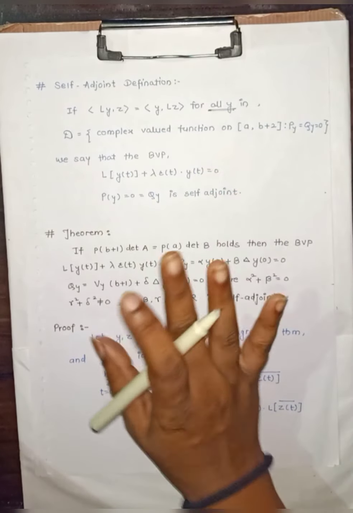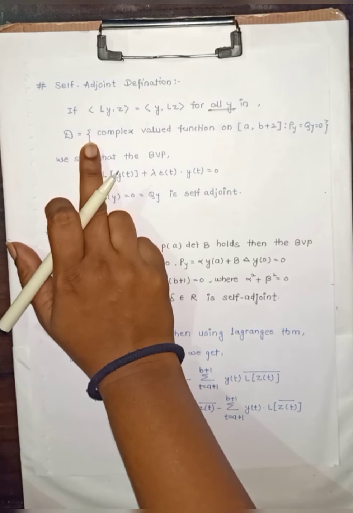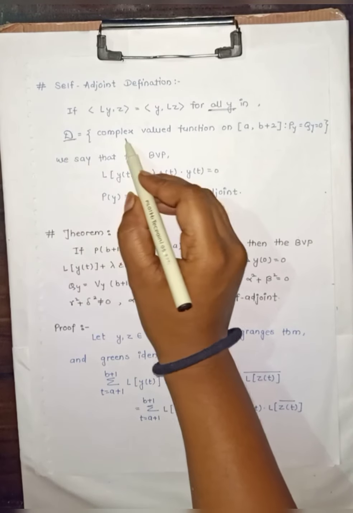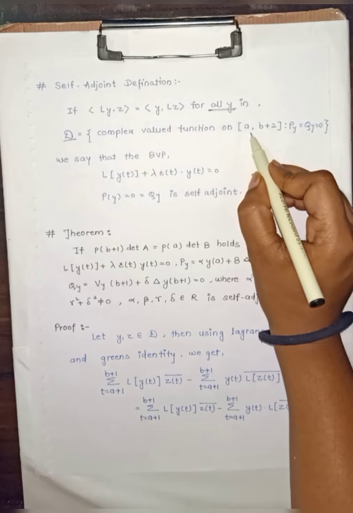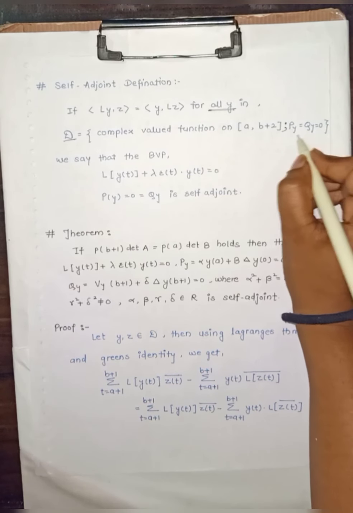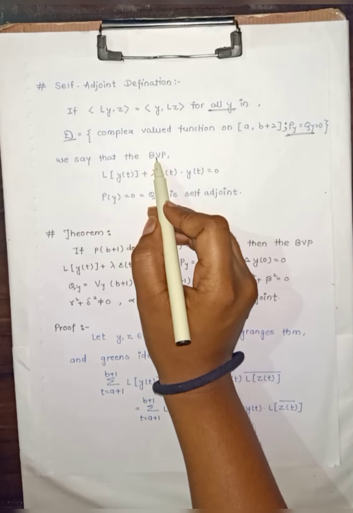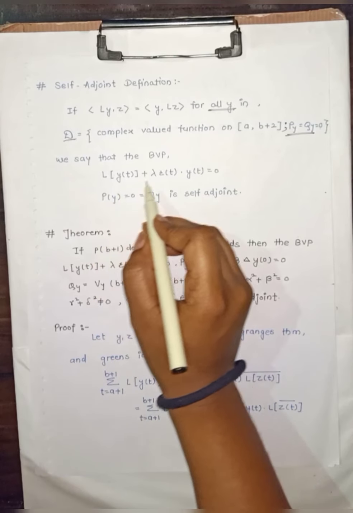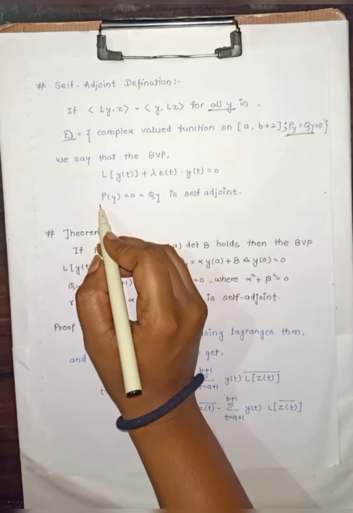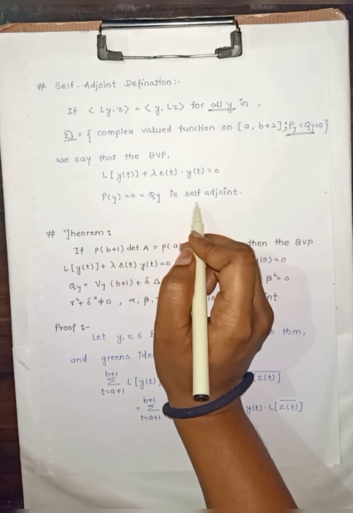So this will apply on all the y's in this set, that is capital D, which is the set of complex valued functions on the closed interval a and b plus 2, where p of y equals q of y equals 0. Both will be 0, and then we say that the BVP, boundary value problem L of y of t plus lambda r of t into y of t equals 0, where p of y equals 0 equals q of y, that is self-adjoint.